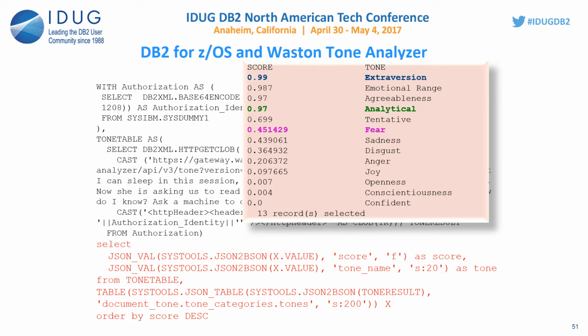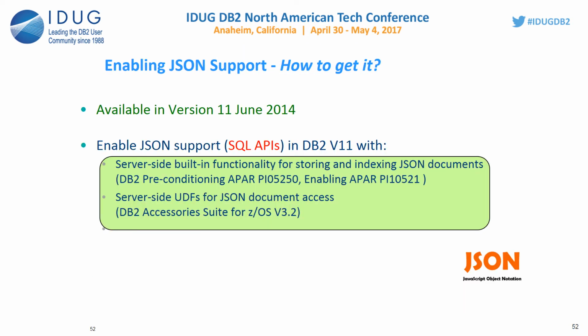Okay, so except for JSON properties, if you guys want to try out, you can try this one, version 11. For the SQL support, you need two pieces. One is the Db2 API. There are two parts, pre-conditioning and enable API. Of course, I would recommend you download all the enhancements we mentioned today.